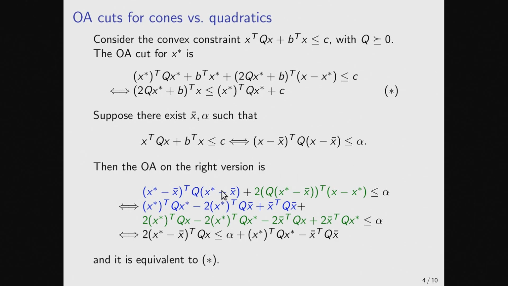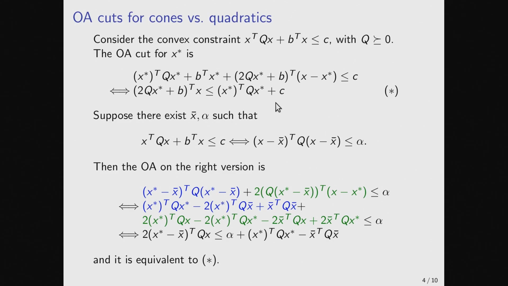The cooler thing is that if you take an outer approximation of the constraint written in this form, you're obviously going to get exactly the same outer approximation you will get with the original constraint. So you can do the derivation yourself, but obviously this is going to be the case. So this form that you see at the bottom is obviously going to spell out the same quadratic and linear coefficients and the right-hand side as the outer approximation cut on the original form of the quadratic constraint.